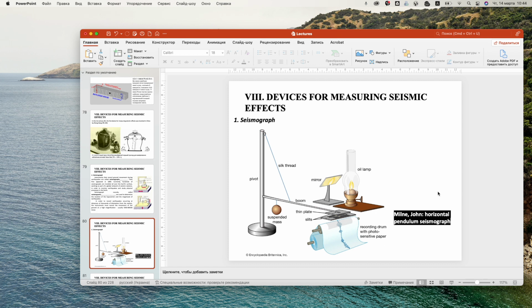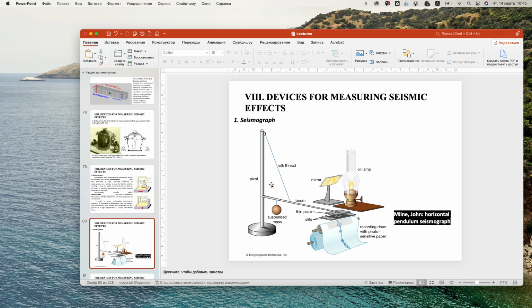So another simple seismograph we can analyze. It's John Milne's seismograph. Let's consider its device. First of all, we can find the vertical element, those vertical studs with a pivot.